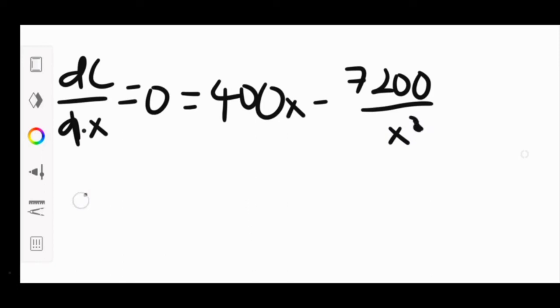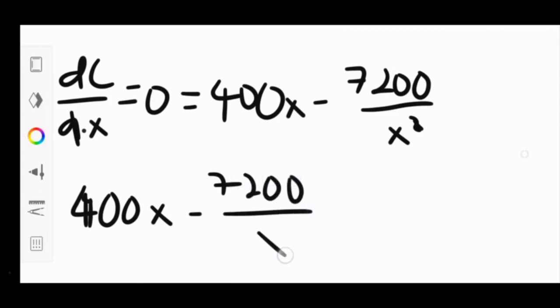We will get 400x minus 7200/x squared equals 0.